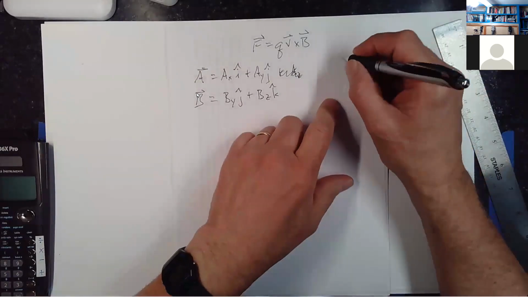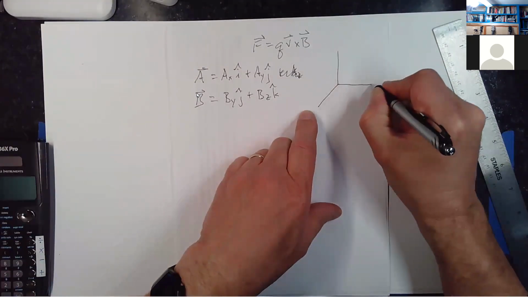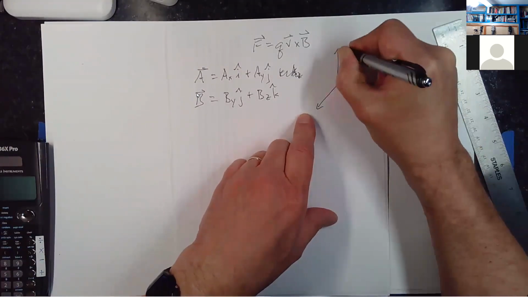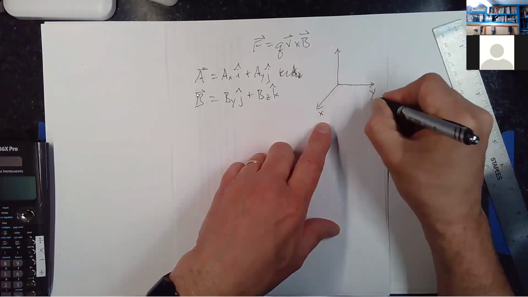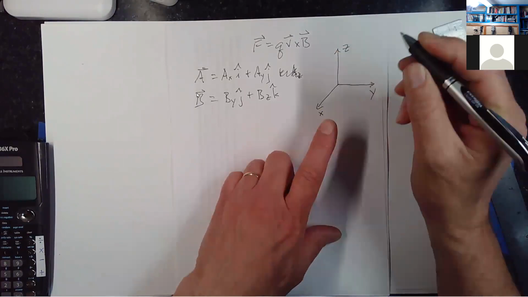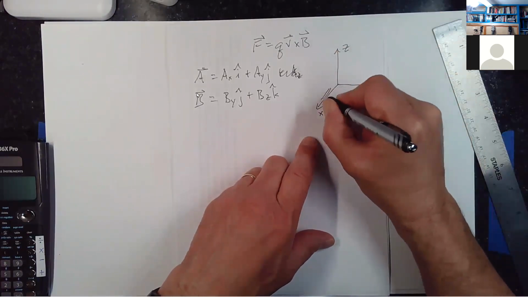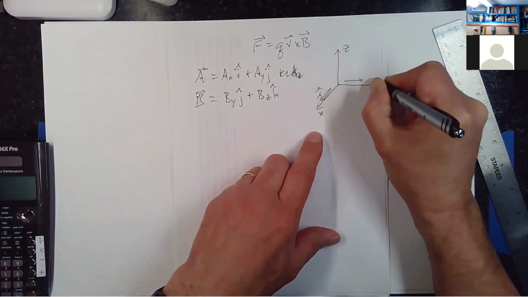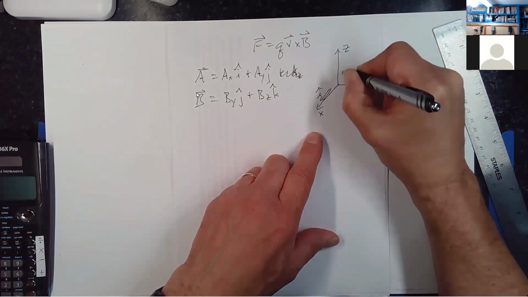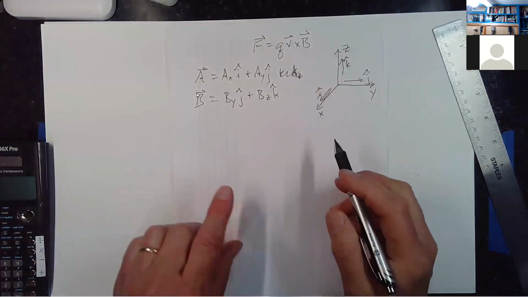If you imagine those things, often we have them oriented this way: X, Y, and Z. And just to help, I hat points that way, J hat points that way, and K hat points that way.